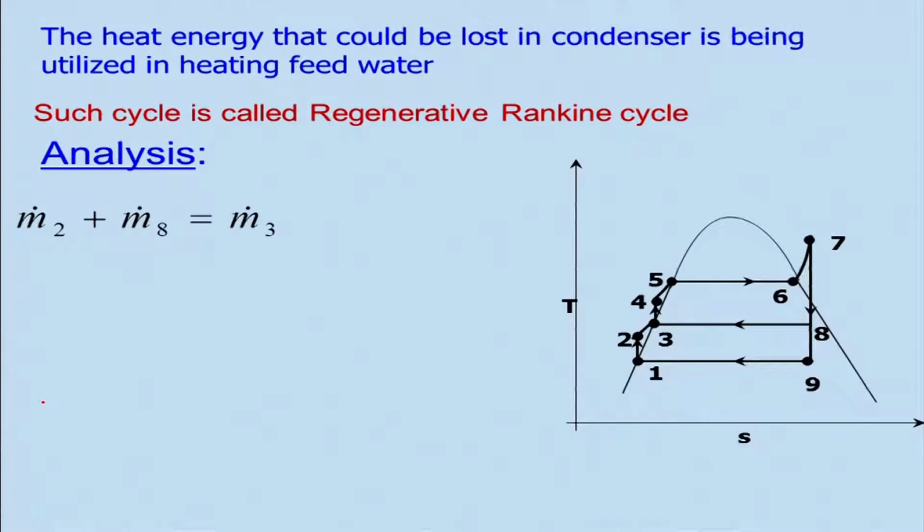So, what we will do? We will basically look at a feed water heater. Let us say this is my feed water heater, and I can take this as a control volume.